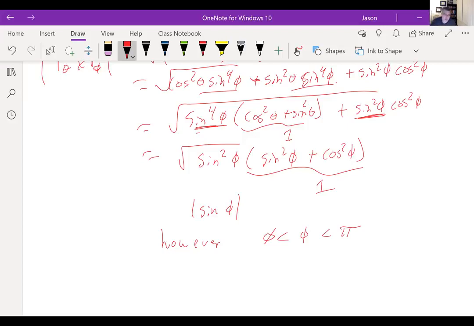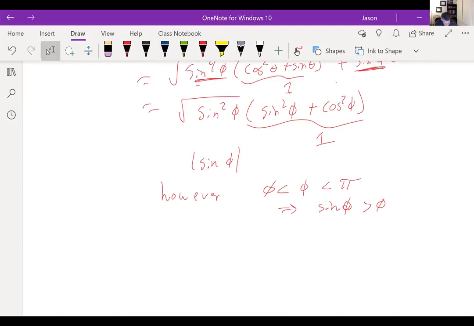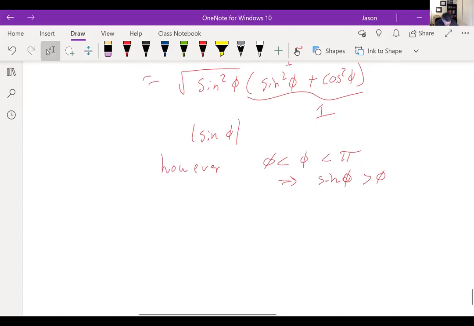So what are my sine values from 0 to pi? Aren't they always positive? So this implies that it's just sine of phi. Sine phi is always greater than 0. So nice, I can get rid of the absolute value bars. That's all they really want to do anyway.